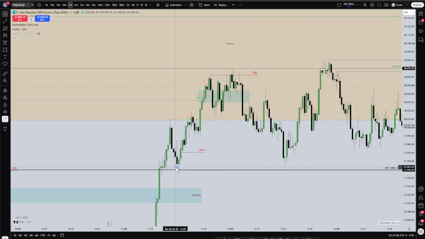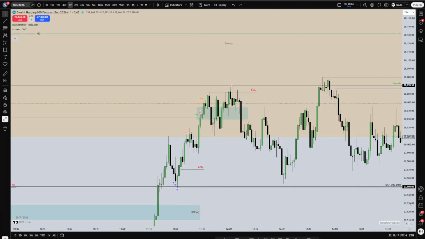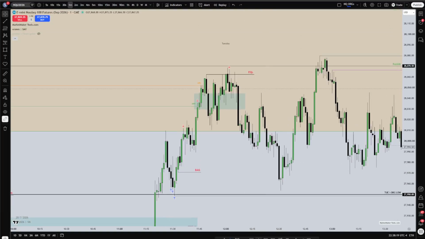So I entered on this candle right about here on this fair value gap, this small area, and then I added one more contract, and then finally I entered one contract if it touches this area, because we don't know if it touches it. So I entered earlier and added contracts as it went down, which is good for my positioning, right? So overall the long was around somewhere here.